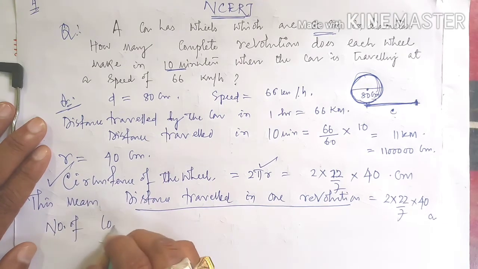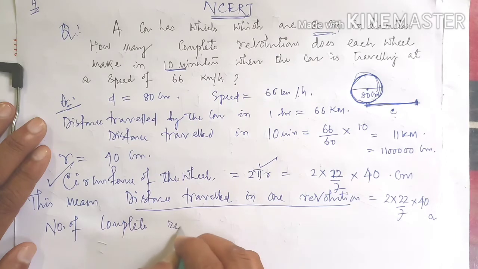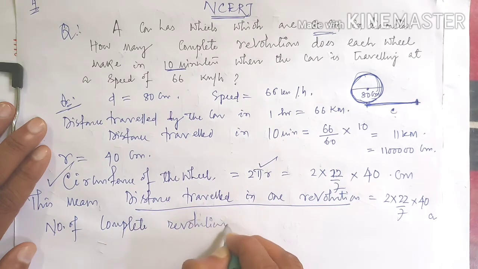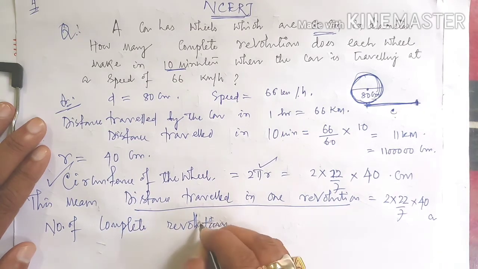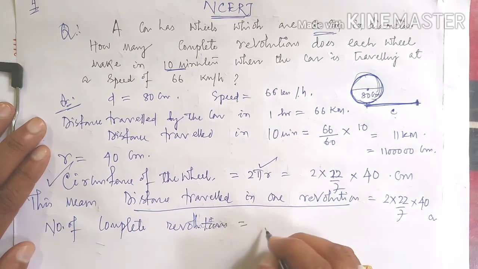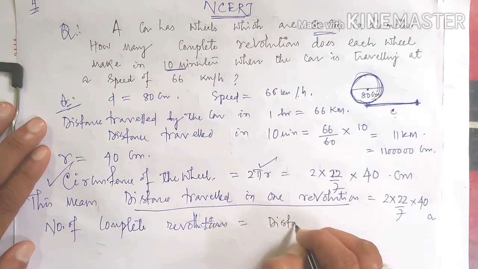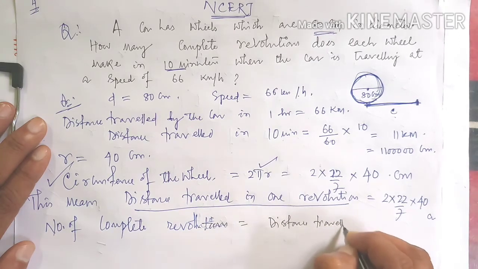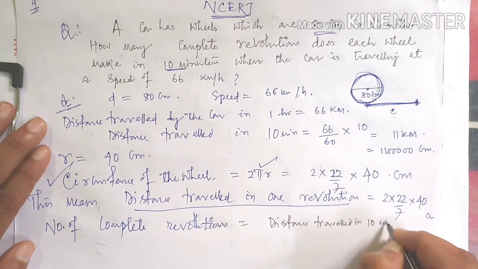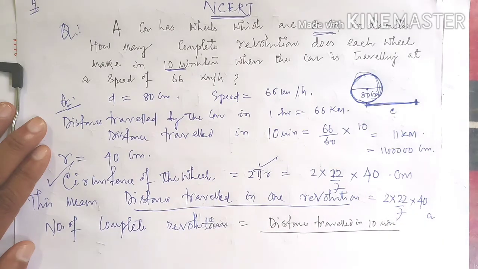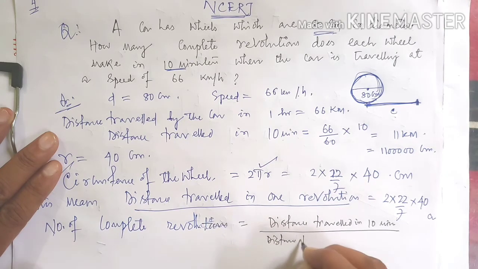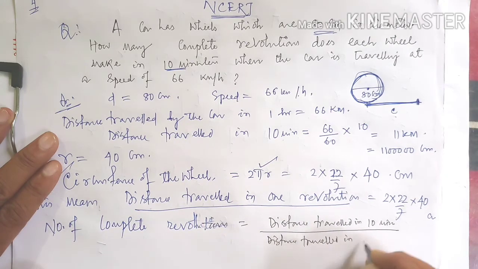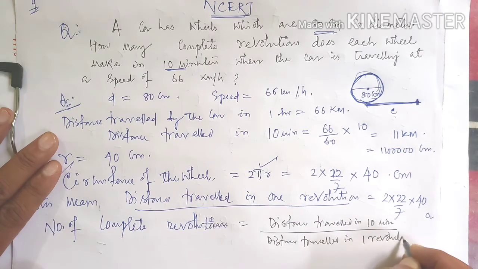Number of complete revolutions equals, I am writing the formula, distance travelled in 10 minutes divided by distance travelled in one revolution.